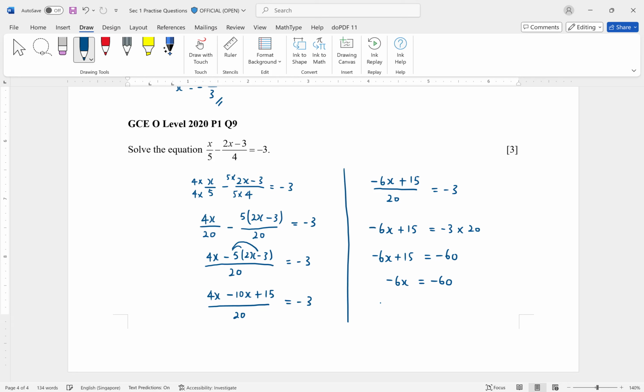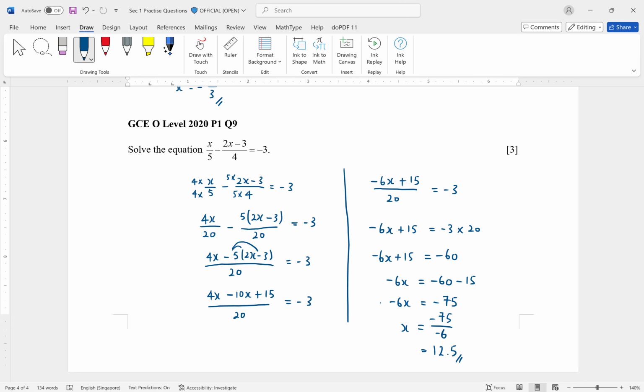Negative 60 minus 15, so we get negative 6x equals negative 75. Then we're going to divide by negative 6, so negative 75 over negative 6. That will give us 12.5.